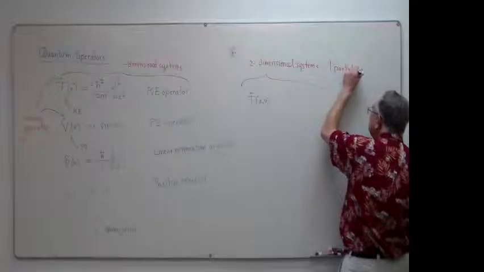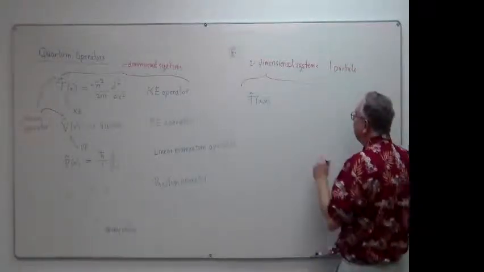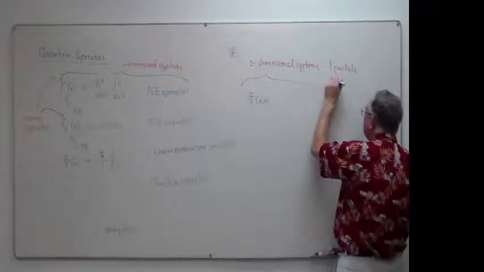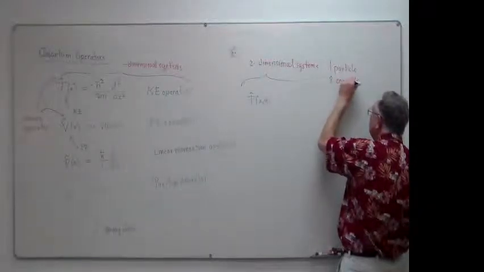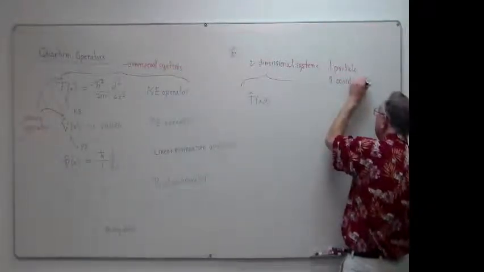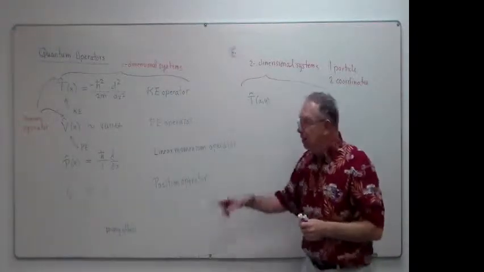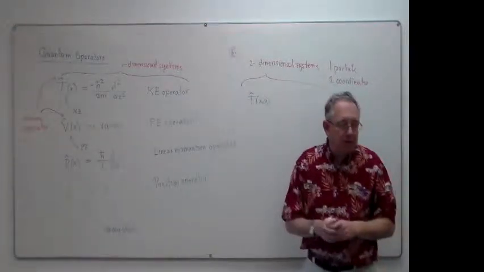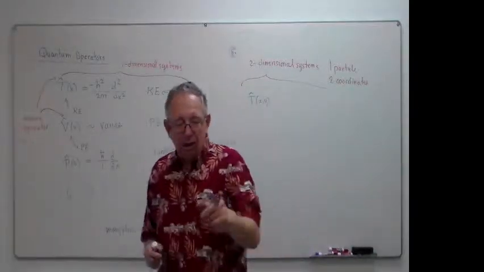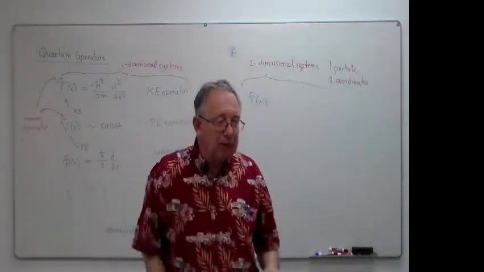So I'm interested in one particle, two coordinates. Obviously, the kinetic energy is going to be a function of whether you go along in the x direction or in the y direction, right?